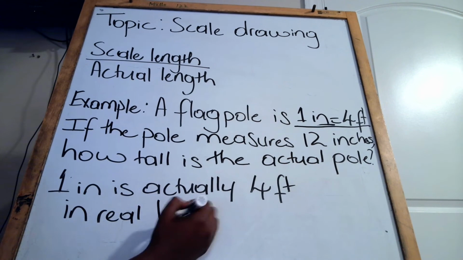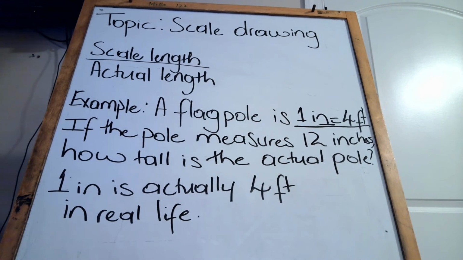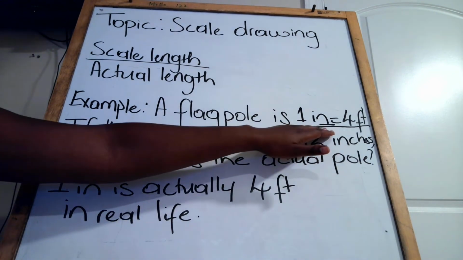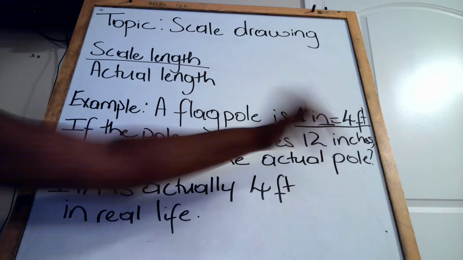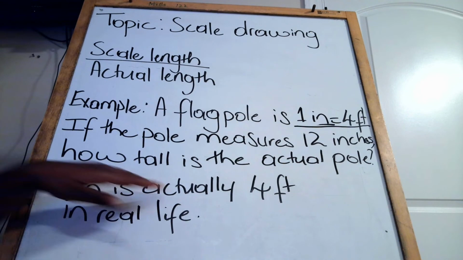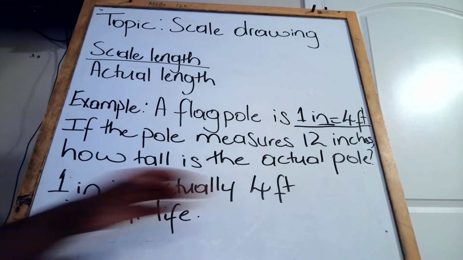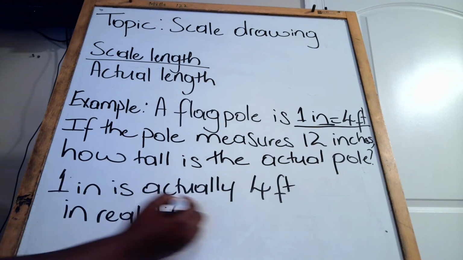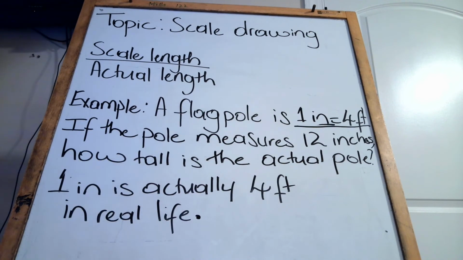That's what it is saying. It's saying 1 inch is equal to 4 feet. It is actually saying 1 inch is actually 4 feet in real life. So that's one key thing you have to ensure you focus on.